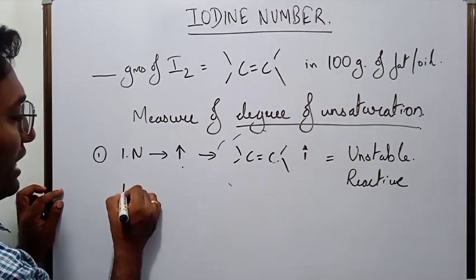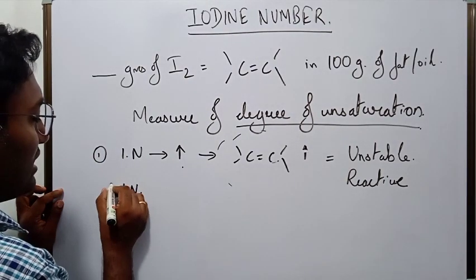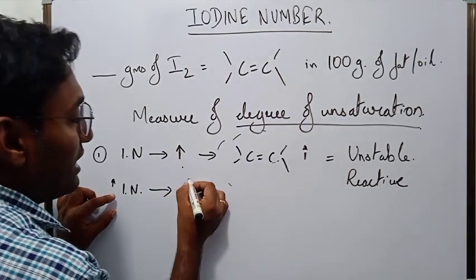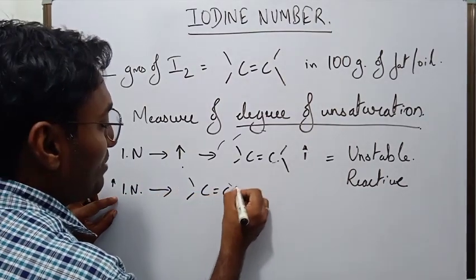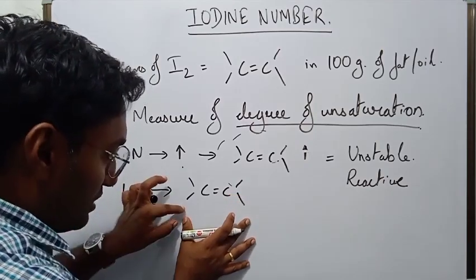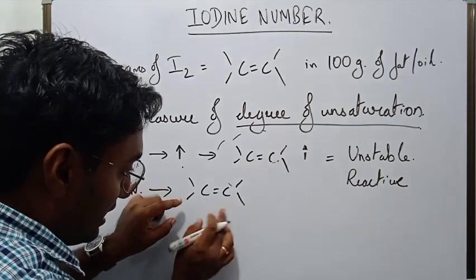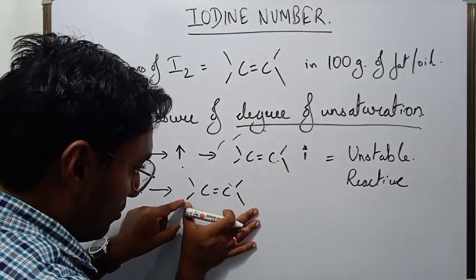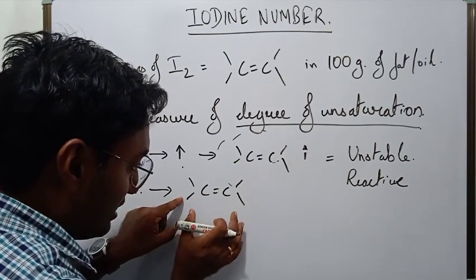Number 2, if the iodine number is more, what would it indicate? It would indicate that carbon-carbon double bond is more, the unsaturation is more. Such a fat or sample that contains this carbon-carbon double bond is prone to oxidation.